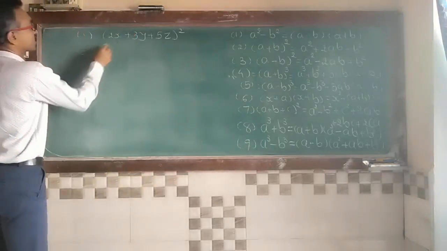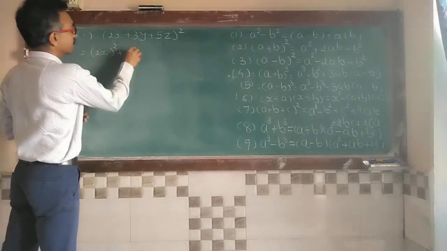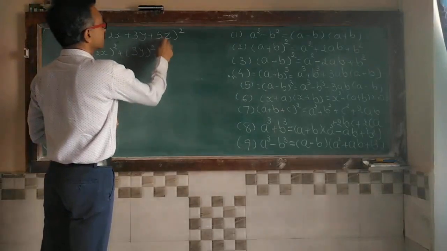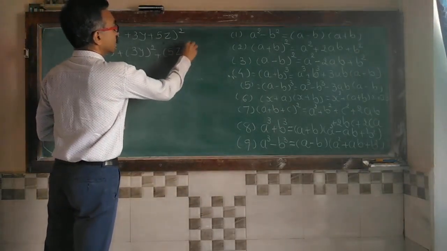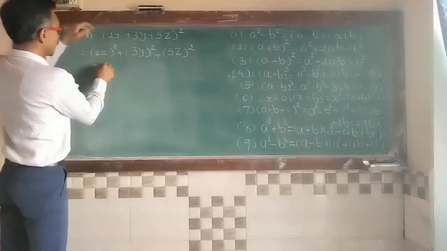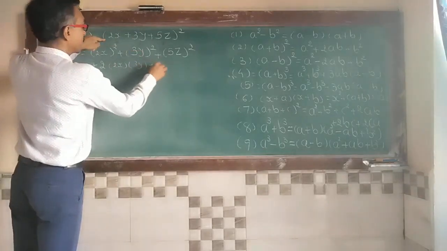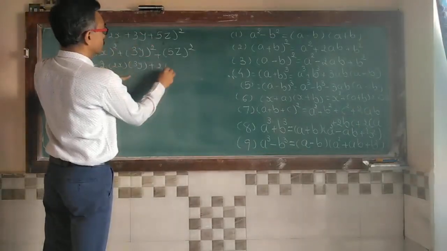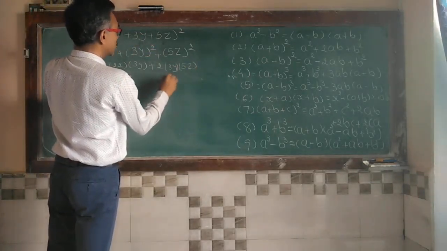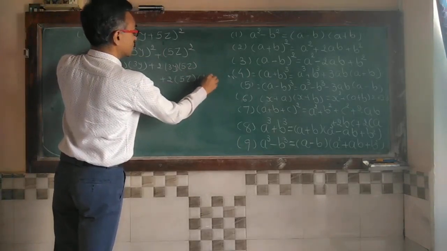So see here, a square, that means 2x whole raised to square, plus b square, that is 3y whole raised to square, plus c square, that is 5z whole raised to square, plus 2 into ab, that means 2 into 2x into 3y, plus 2 into bc, so 2 into 3y into 5z, plus 2 into ca, that means 5z into 2x.